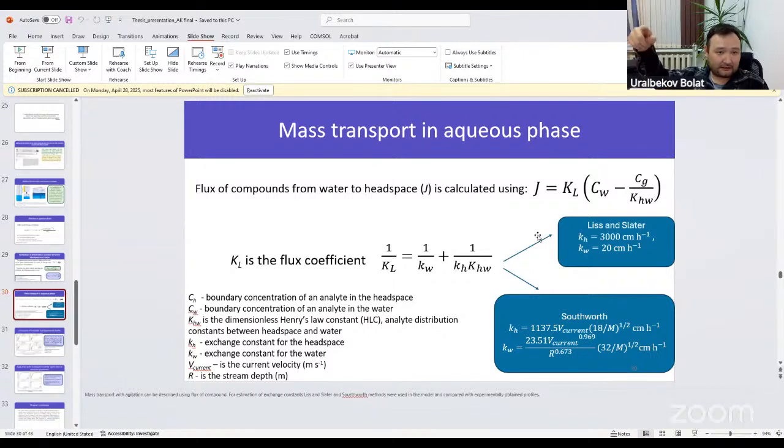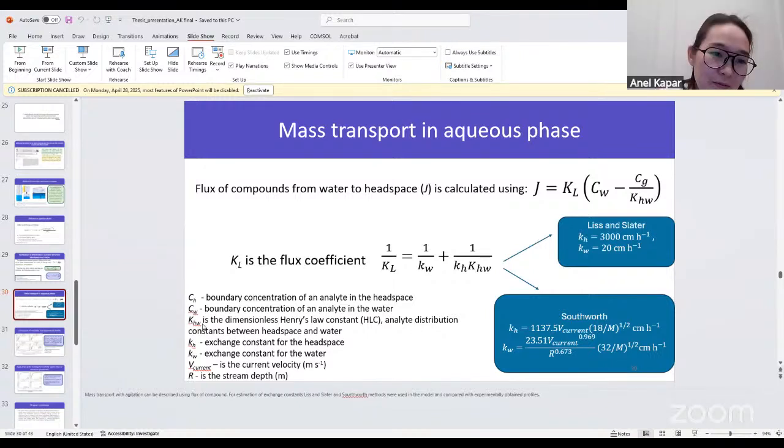Do you have any idea why it happens? Yes, because when the distribution constant is very small, the diffusion of analytes is big, so equilibration time is faster when it's small and slower when it's very big. It's about the absorption of analytes in the headspace and absorption into the fiber.